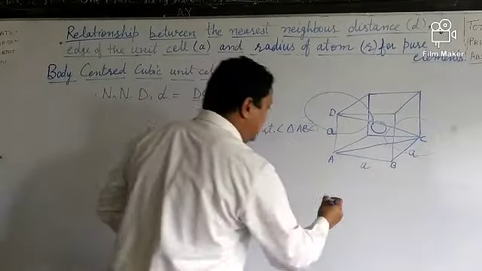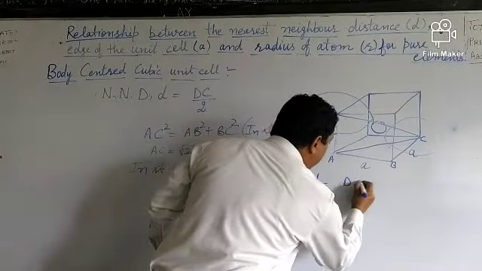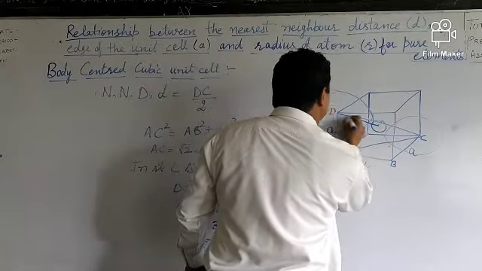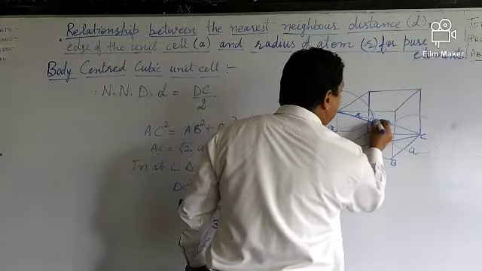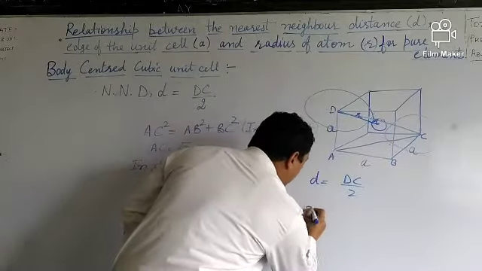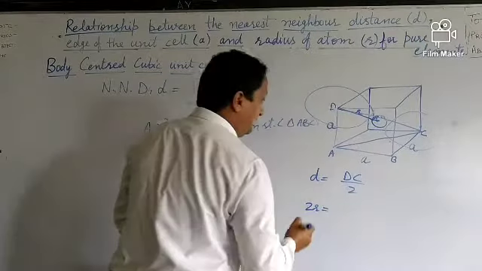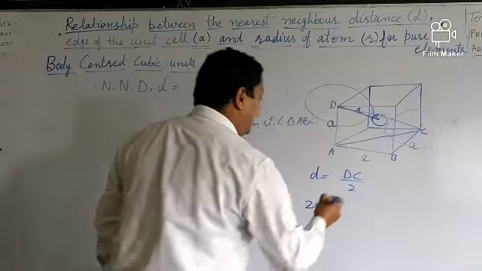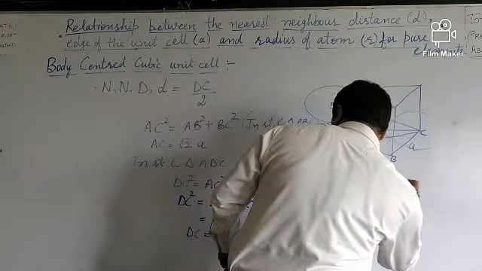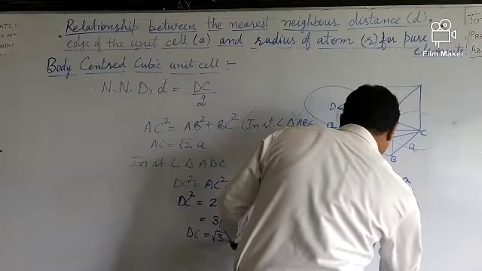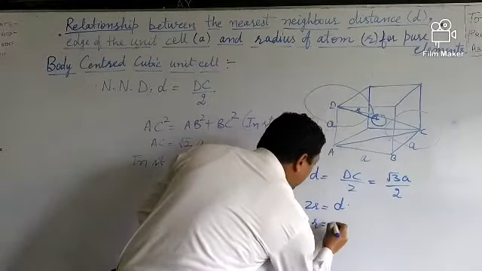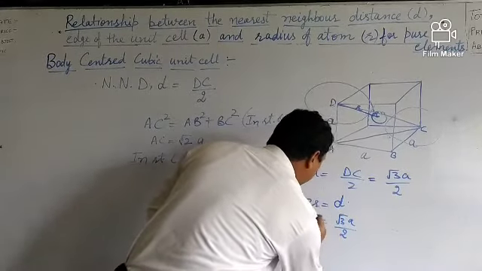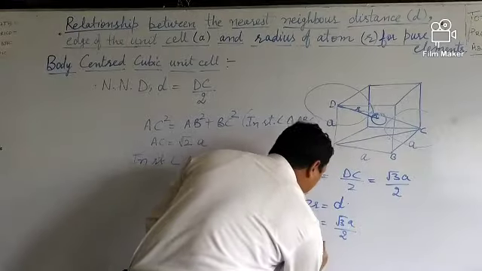Again, nearest distance D is equal to DC by 2. Again, this is half of the sphere and this is R, so it becomes 2R. So 2R is equal to DC, or it becomes equal to under root 3 A. So D is equal to under root 3 A by 2, and this is 2R, so R is equal to how much?